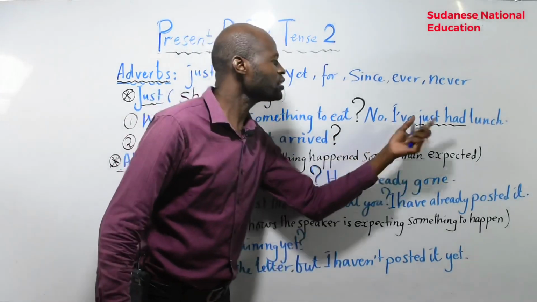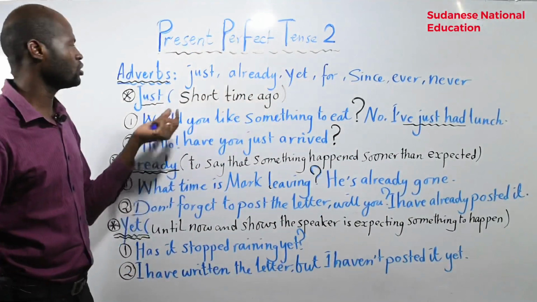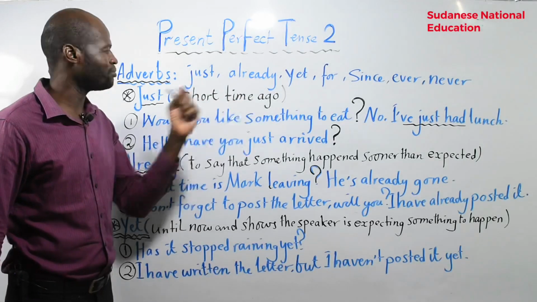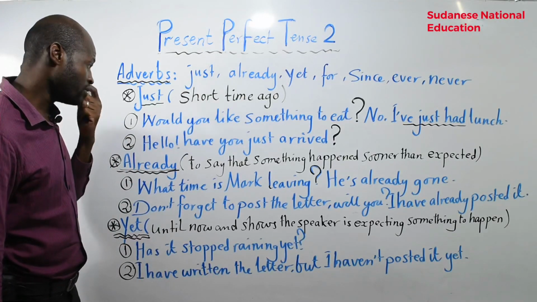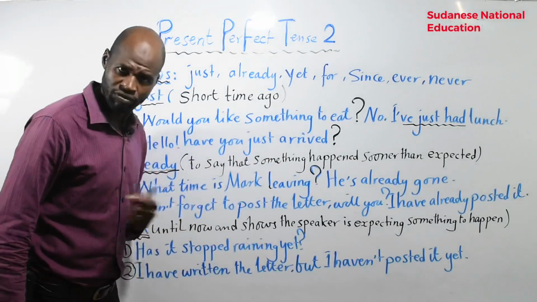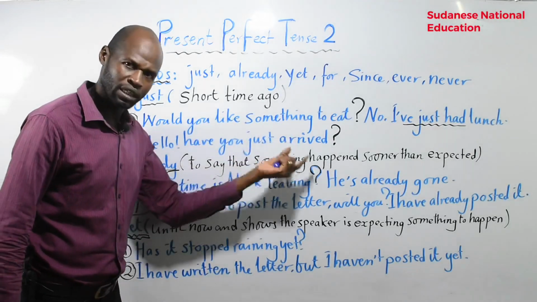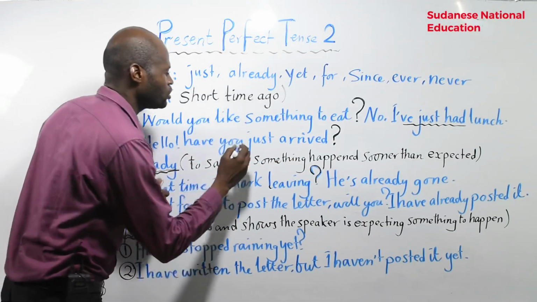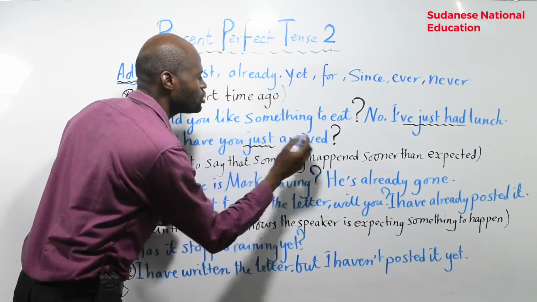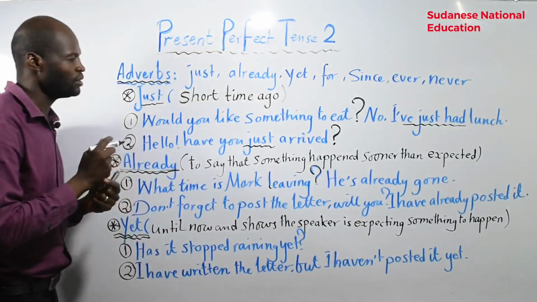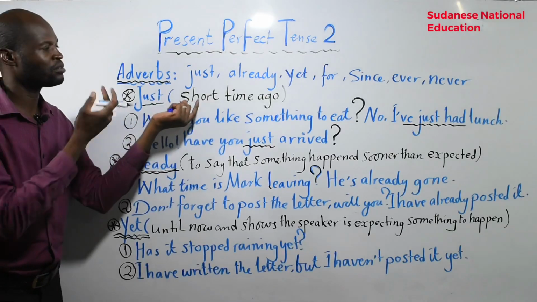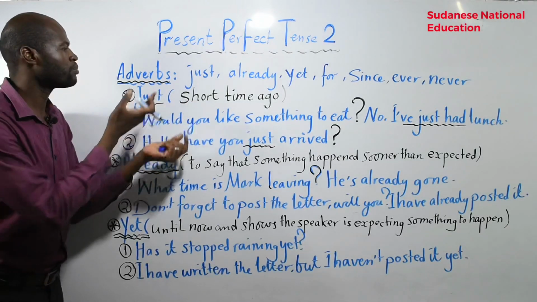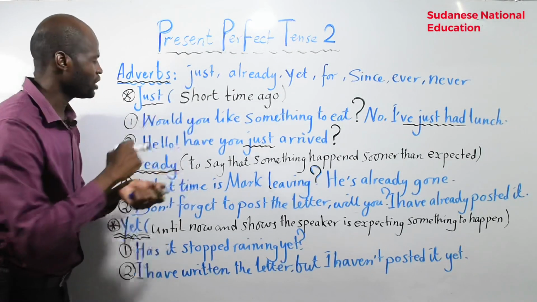I have just had lunch means a short time ago. Number two: Hello, have you just arrived? Have you just arrived? So here, just can also be used in a question, but to tell us about an action that happened a short time ago.